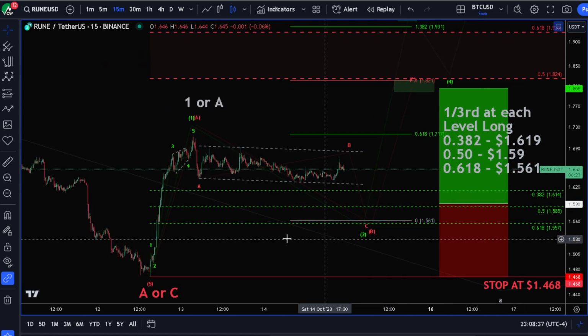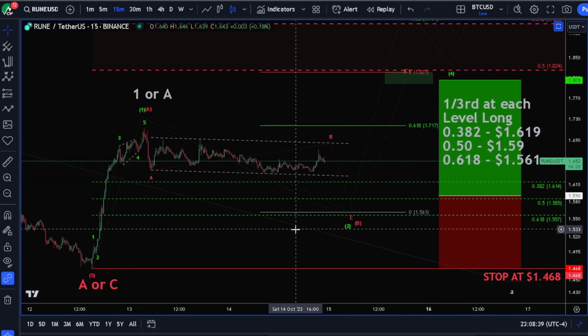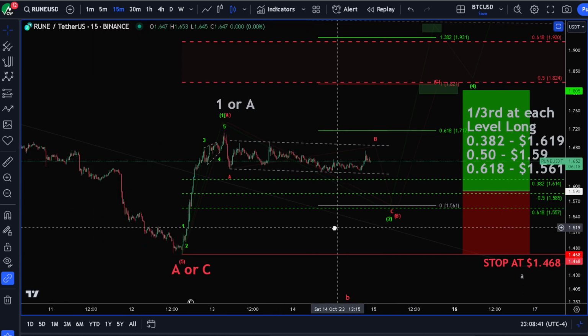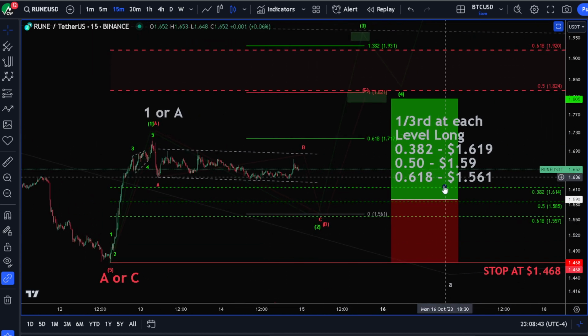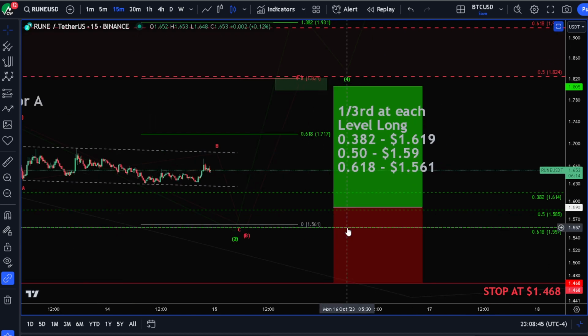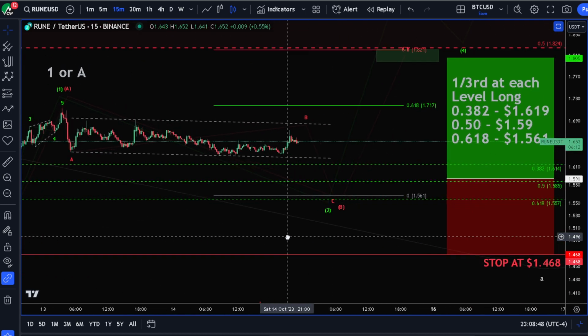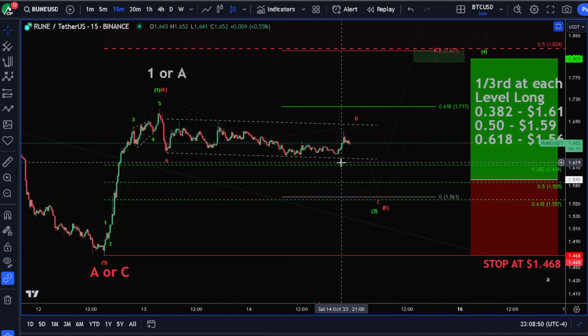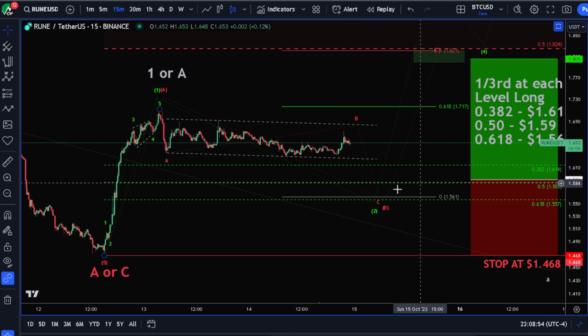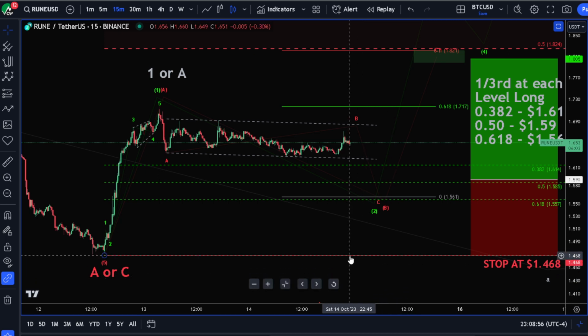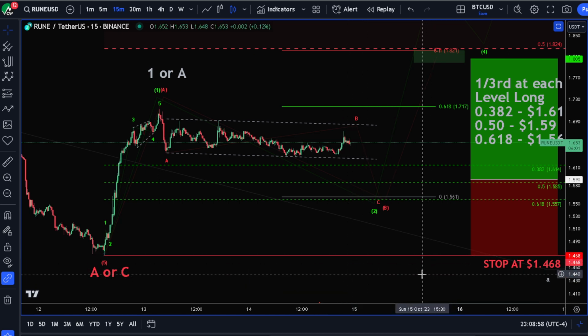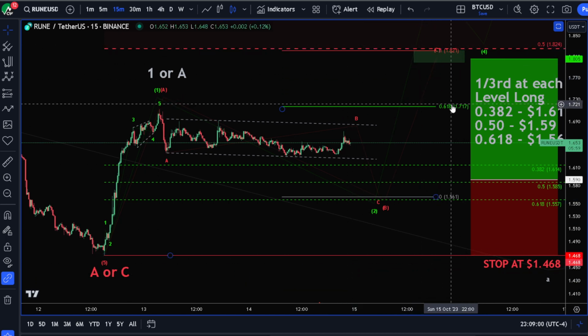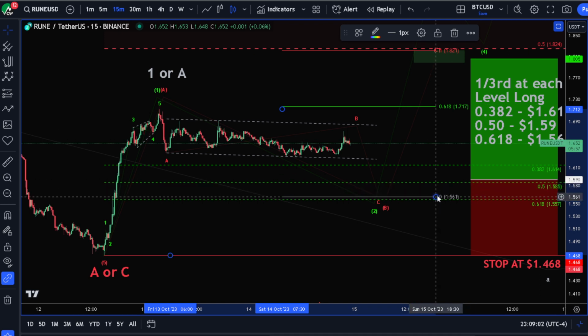Nothing says that is the case, but I am leaning that way just from experience in trading these markets. So this is my trade setup coming into play here. I have a third of my position at the 382 here going long, another third at the 50 and a third at the 618. Stop is at this low, and currently just targeting the 1-to-1 extension wherever we get it.